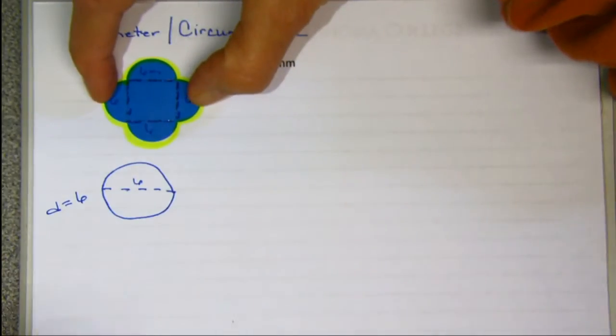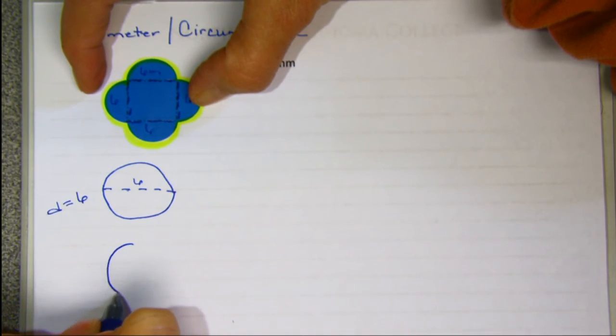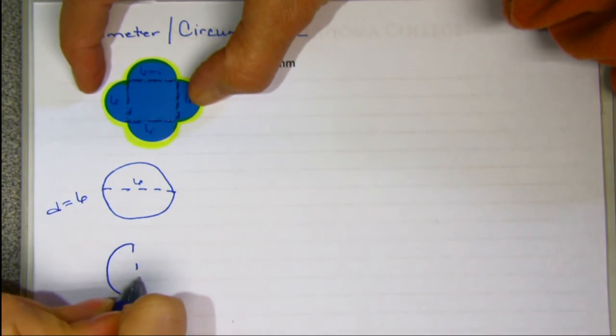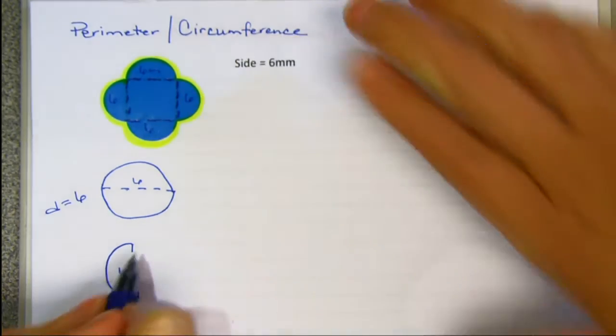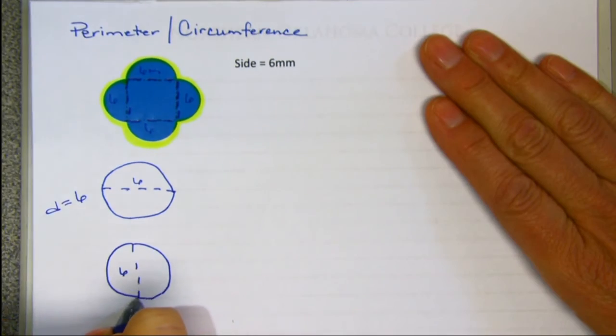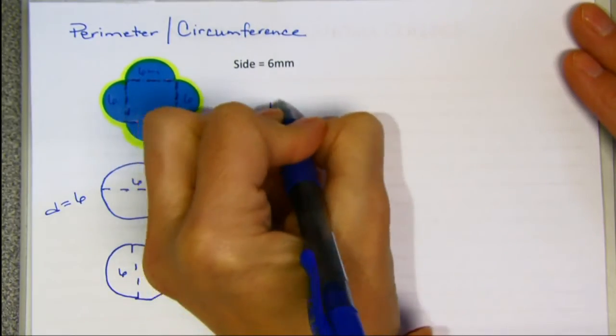Now I'm going to look at these two. Well, from here to here, and then this one from here to here. So in essence, we have 2 full circles.